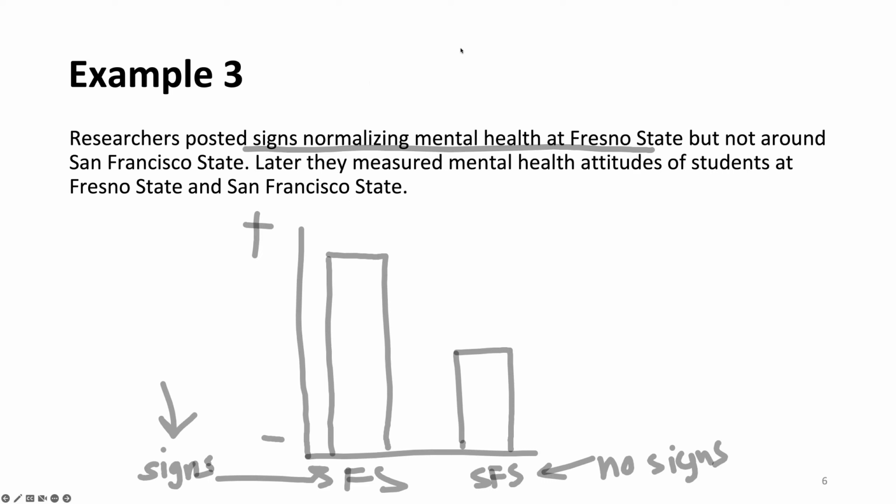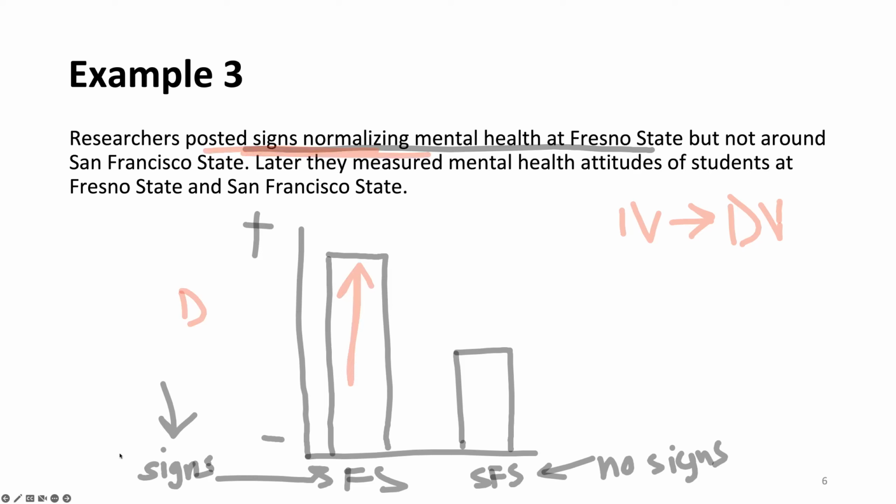So if we were confident in that, then we could say, hey, it's our independent variable. Our independent variable had an effect on our dependent variable, right? So this level here, this is our dependent variable. We think that this is higher for Fresno State students because they had these signs.